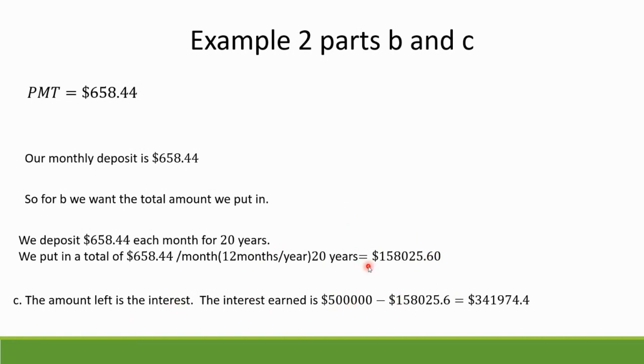You just subtract. This is the balance. This part comes from us. So whatever else is there must be interest, which we subtract. This is how much we're making in interest. So that's what we get there.